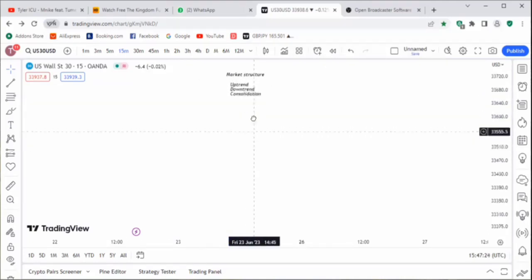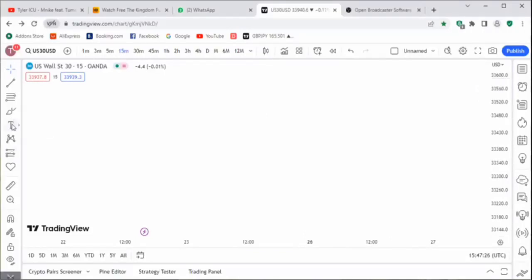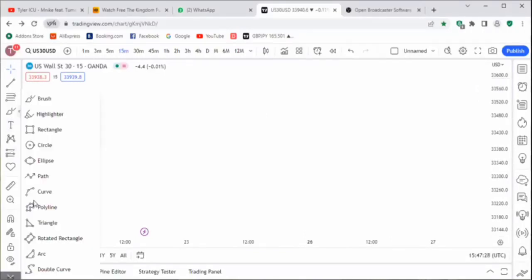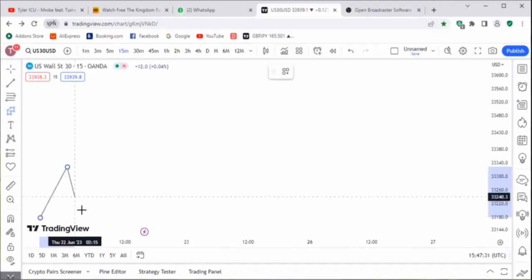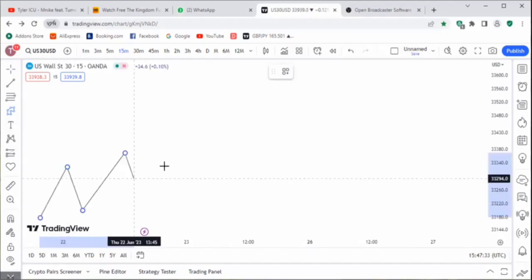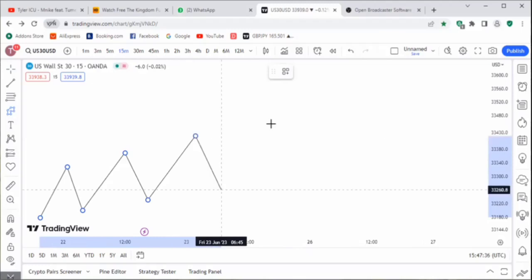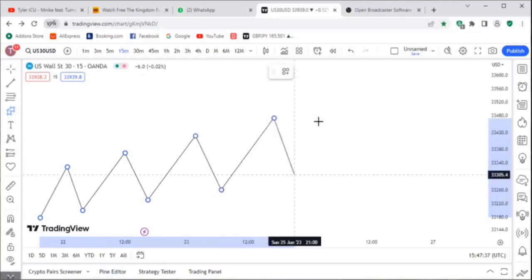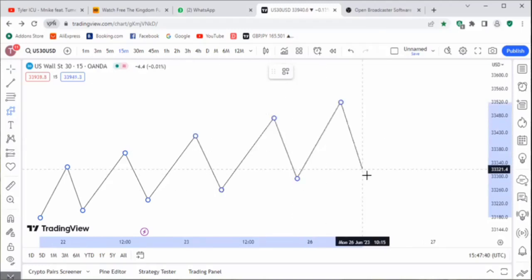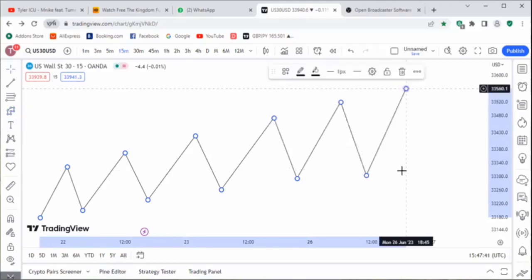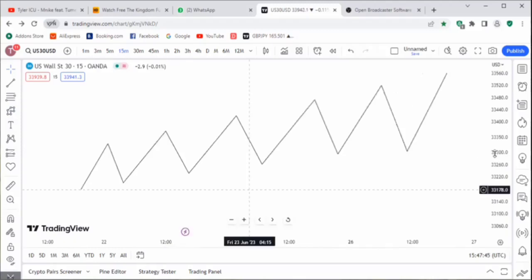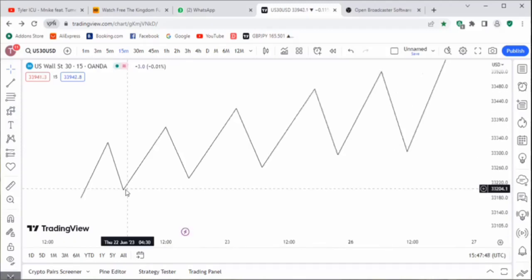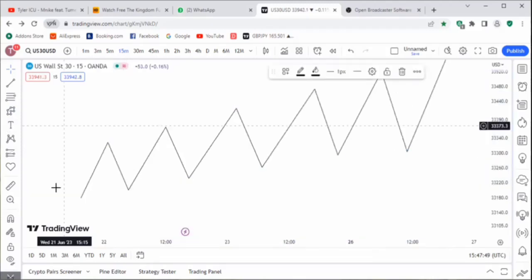So how does the market move in an uptrend? Let me show you something here. This is how the market moves in an uptrend. An uptrend is made up of this.